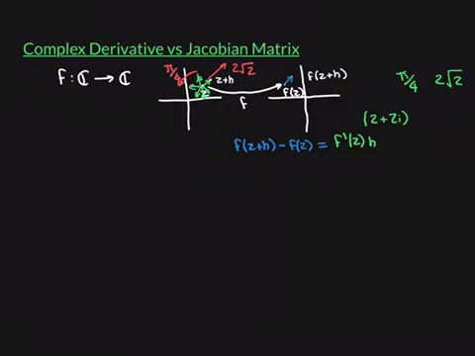This one would be mapped onto, let me just do it in a different colour, something maybe like that, and therefore the point z plus h should have really been that point there. But I should have made this number different. I should have made it just a real number. Maybe just 1.5 would have been a good number to have as the derivative there, because it looks as though I had just stretched it out by about 1.5.